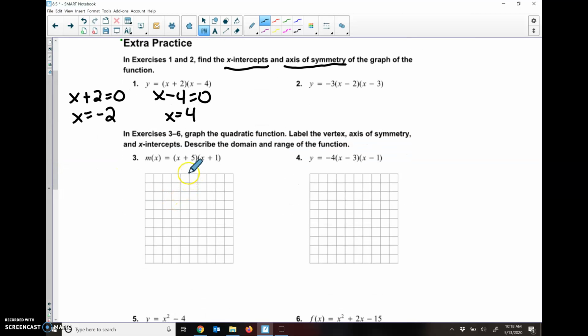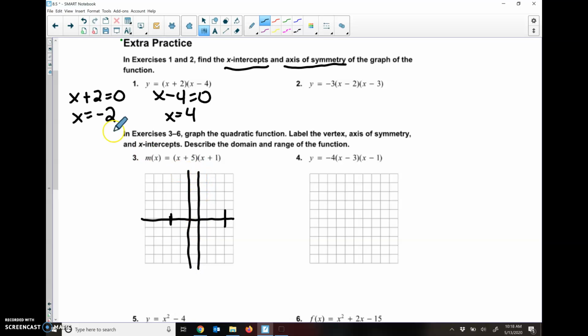Okay. It might be easier to have a graph for some of these. So if I put these on a graph, it's going to be easier to find the axis of symmetry. So negative 2 is right here. Positive 4 is over here. Axis of symmetry, remember, is the line that splits the graph in half. So what line would exactly be in the middle between negative 2 and 4? The answer for that is positive 1.